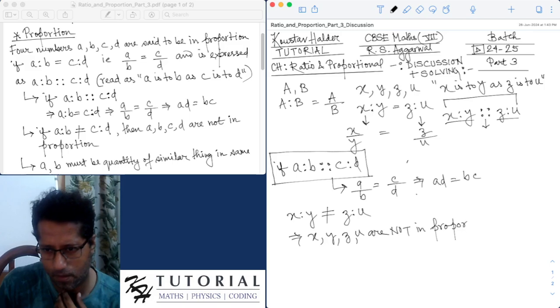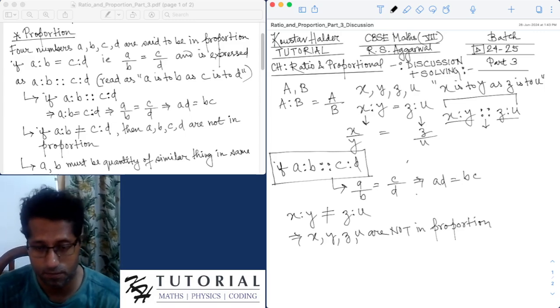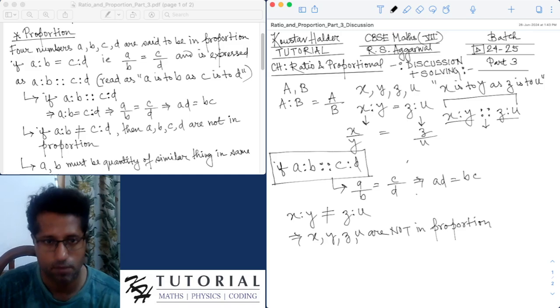So conversely, we can say that if the two ratios are not equal, the corresponding terms, that is X, Y, Z, U, are not in proportion.